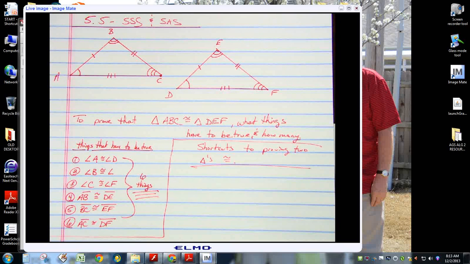In the rest of this chapter, we're going to talk about four theorems that allow you to only have to prove three things. If you prove these certain things congruent, you can say the two triangles are what? Congruent. Okay? There are going to be four theorems of that. Four shortcuts.